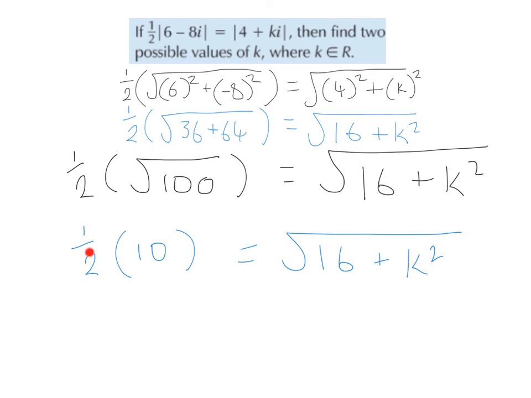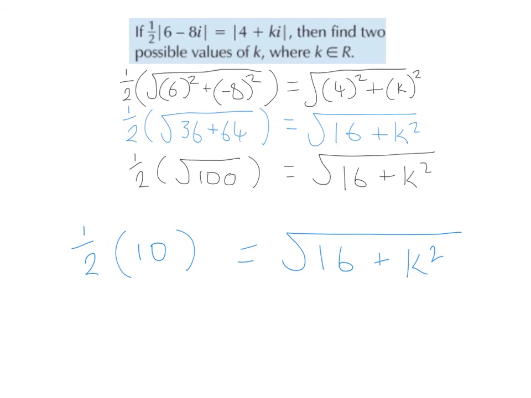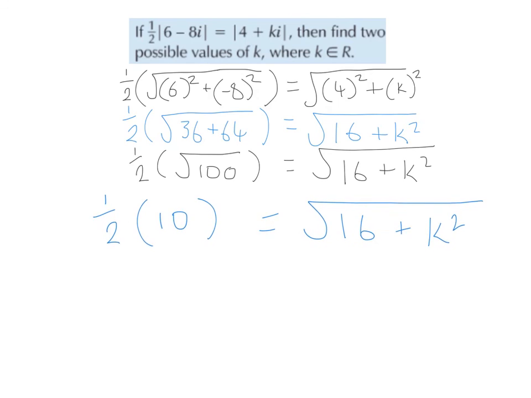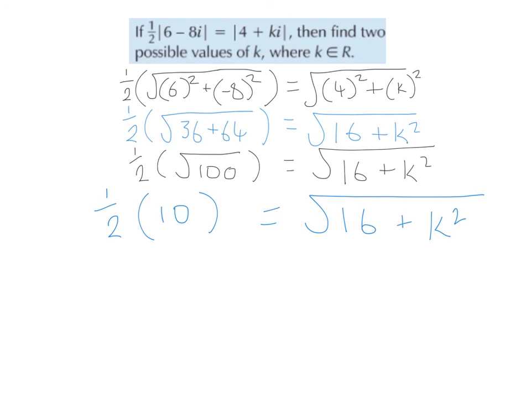So a half stays as it is. The square root of 100 is 10. And root 16 plus k squared stays as root 16 plus k squared. Okay, so a half of 10 is 5. And this is equal to root 16 plus k squared again.